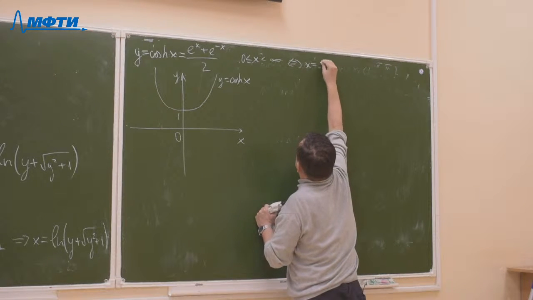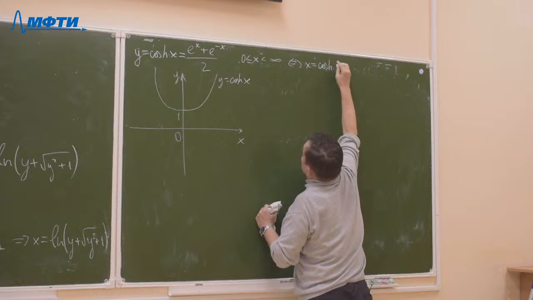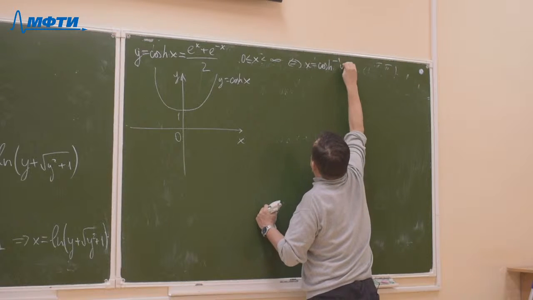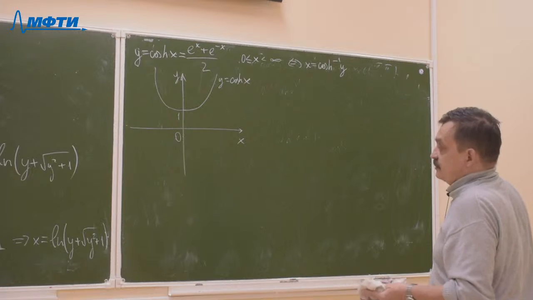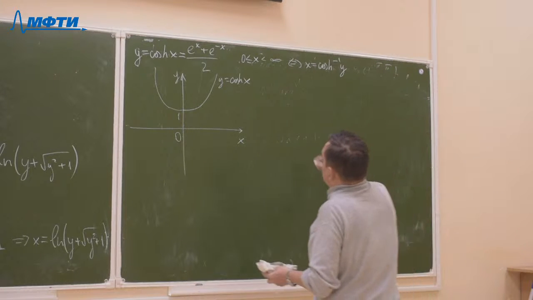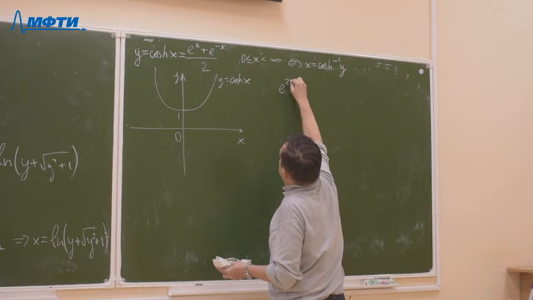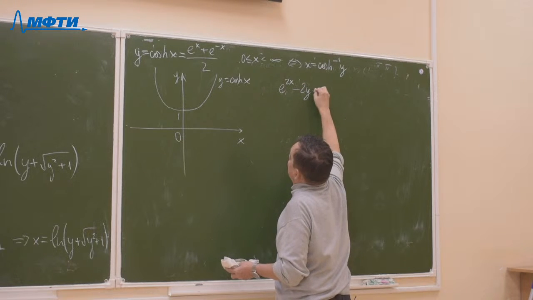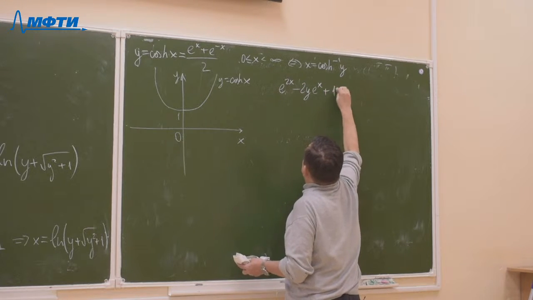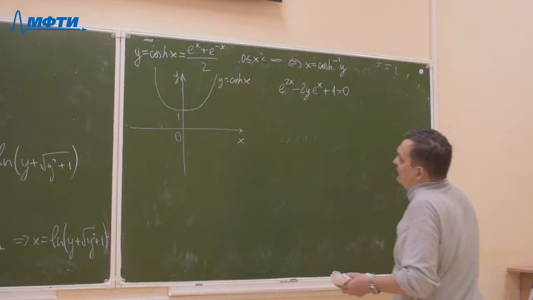x is cosine hyperbolic minus 1 of y. Let us again compute explicitly what the formula is. If I rewrite it like before, e to the power 2x minus 2y e to the power x plus 1 equals 0.